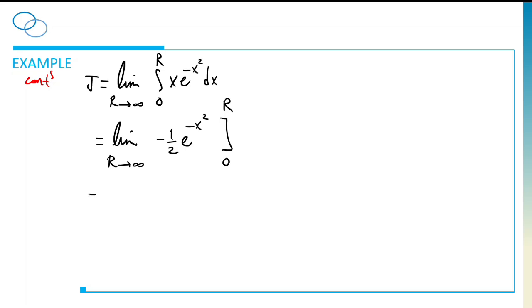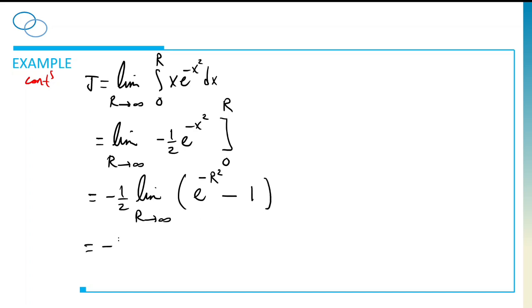I'll take negative half outside: limit as r approaches infinity of e to the power of negative r squared minus 0. Notice here e to the power of 0 is 1, so this is minus 1. Now we'll do the direct substitution step.